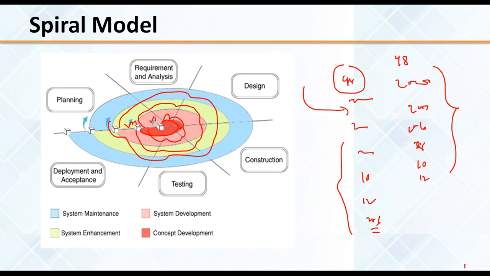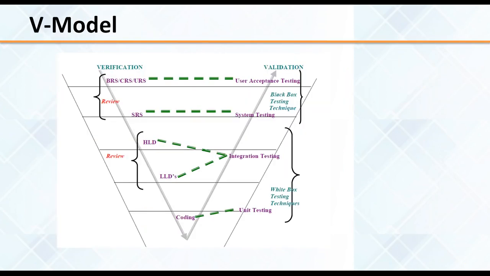Right? So here also we have the same problem again: we have only one phase of testing. If you find any issues during the testing phase, again we need to recheck the previous phases. Now to overcome all these problems, the V model came into the picture.